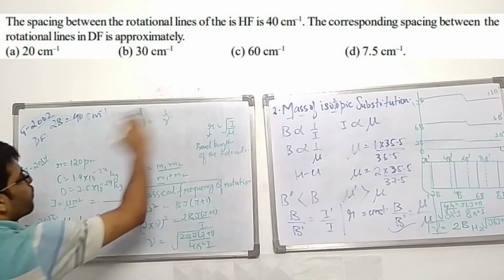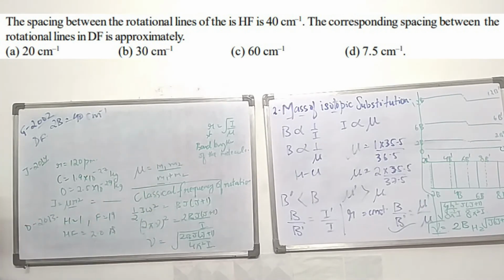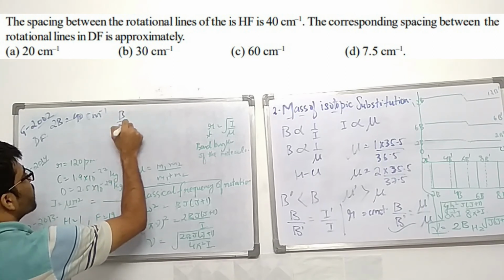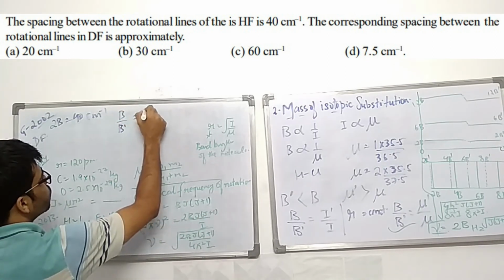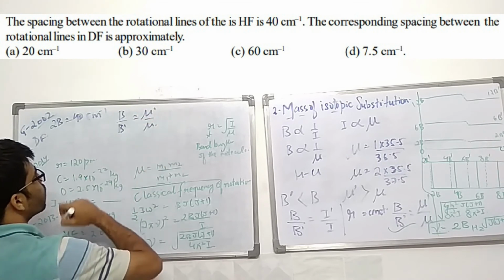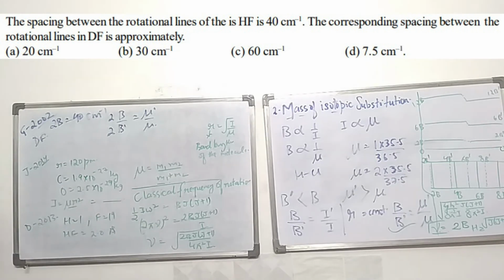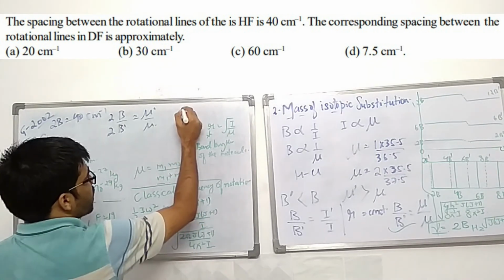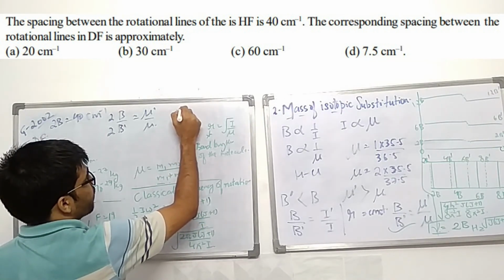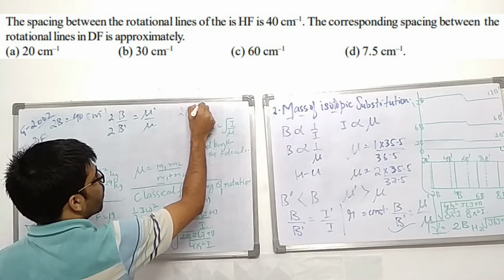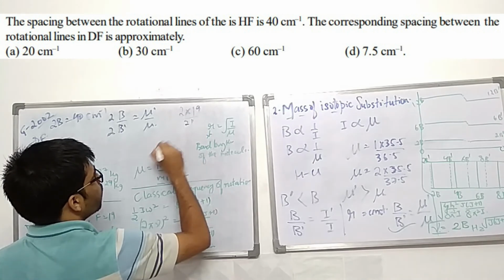Now if you remember, I said B by B dash is equal to mu dash by mu. If I say it is 2B, that means I am getting the spacing. Now mu dash is what? For DF it is 2 into 19 by 21.